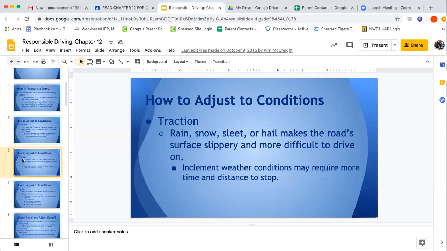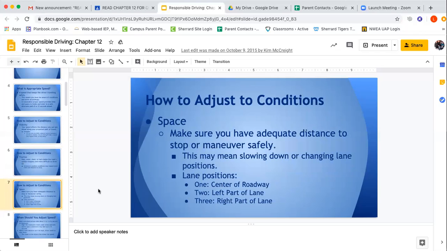Traction. So rain, snow, sleet, or hail makes the road surface slippery and more difficult to drive, obviously making the traction not as good. Inclement weather conditions may require more time and distance to stop, so make sure that you slow down when you know that it's raining, snowing, or sleeting. And then the other one for adjusting to conditions is space.